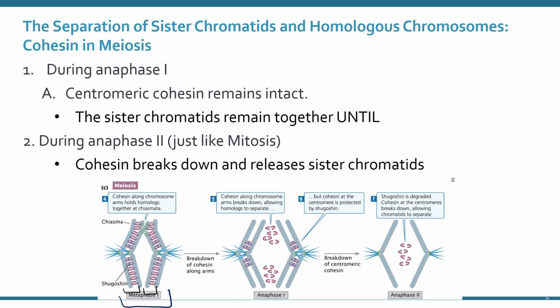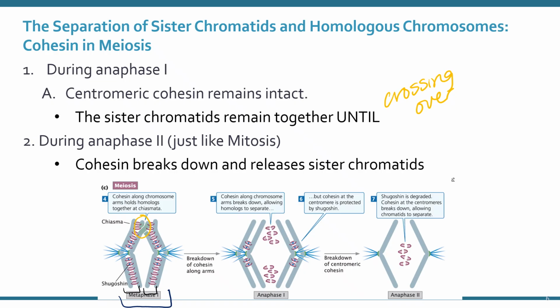And then when our chromosomes are ready to separate, our cohesin is going to break down. You can actually see here, we've got that crossing over. I'm just going to write that up here. There's our crossing over, just a little quick diagram to remind you that it's happening. We've got our chromosomes connected at the kinetochore.